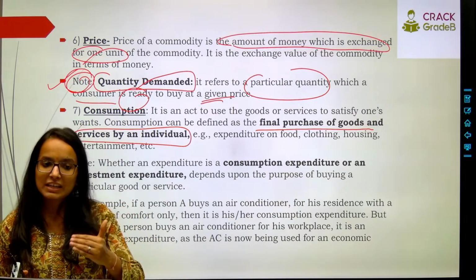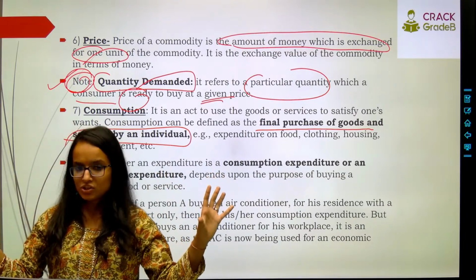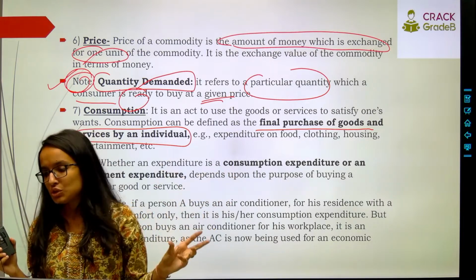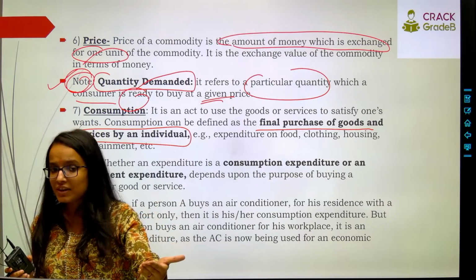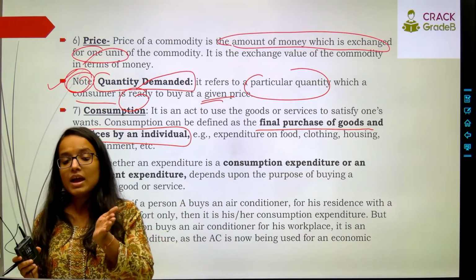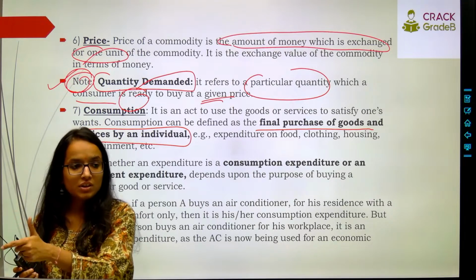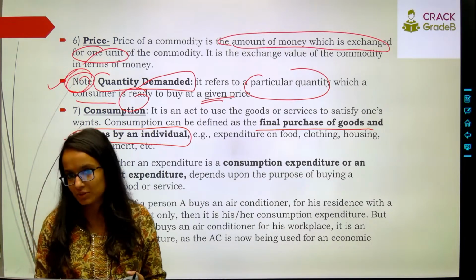So whether your expenditure is consumption expenditure or investment expenditure depends on the nature of its use. If it is being used for your own consumption, your own satisfaction, then it would be consumption. And if you are using something for generating wealth, for furthering your economic activities, for increasing your production activities, it is investment. All right.